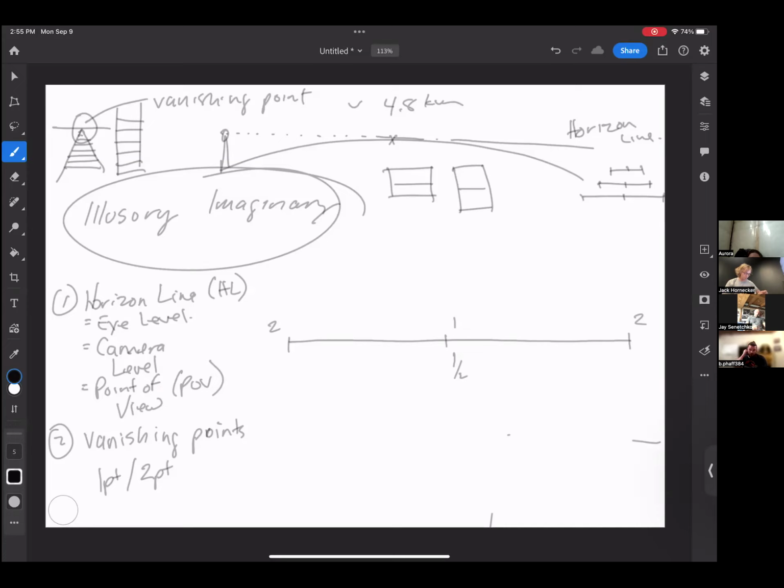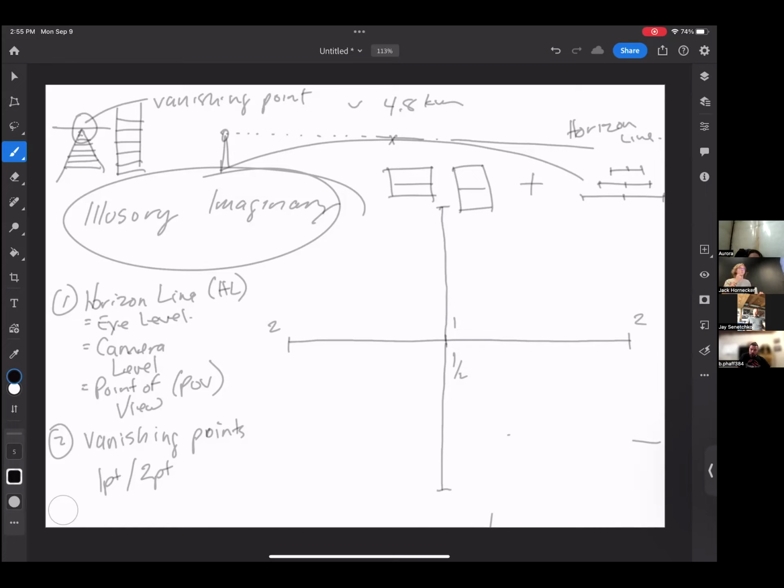Now, what this 1 point also indicates is that if you drew a line straight up and straight down, the same distance away from the 1 point vertically as the 2 points are away from the 1 point, what you essentially have is a cross that has 4 equal quadrants.